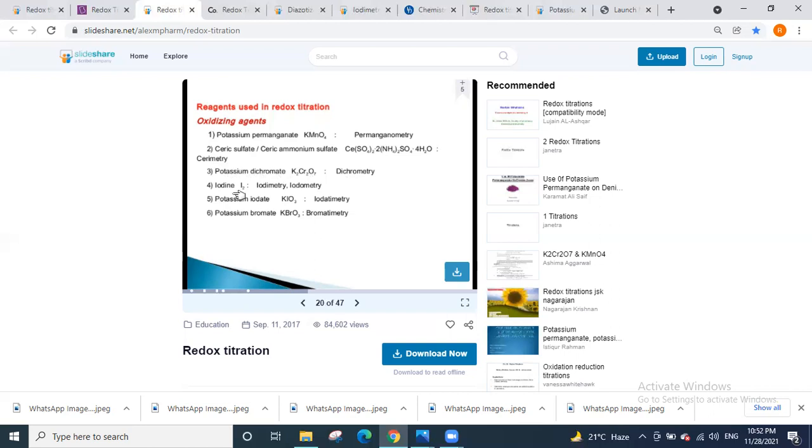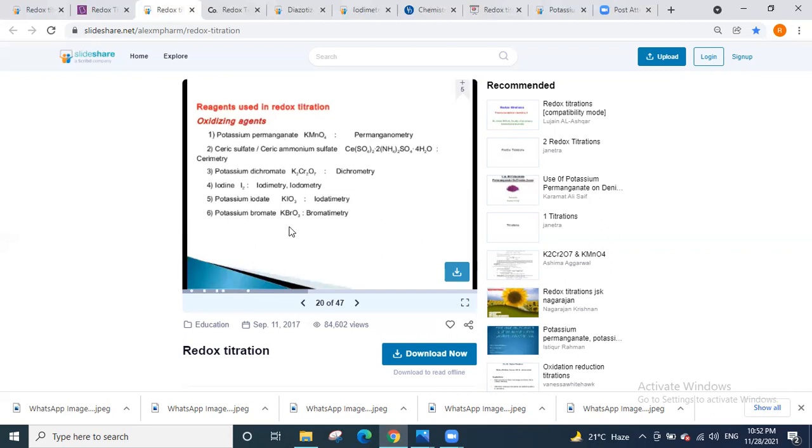And if we use iodine, then we have iodometry. Okay, these are the most common types of titration. Otherwise, if we have potassium bromate, then we have bromometry. Similarly, if we use another type of oxidizing agent, then we have a different type of redox titration, depending upon the type of oxidizing agent we use.